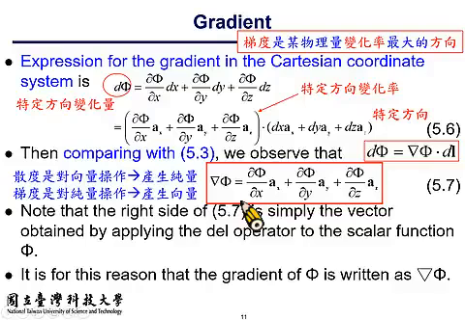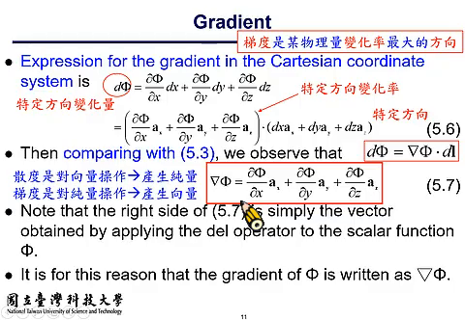Okay, let's continue our discussion from Tuesday. On Tuesday, we introduced the idea of the gradient operator, which is a spatial differentiation operation on scalars, unlike the curl operator and the divergence operator, which are performed on vectors.